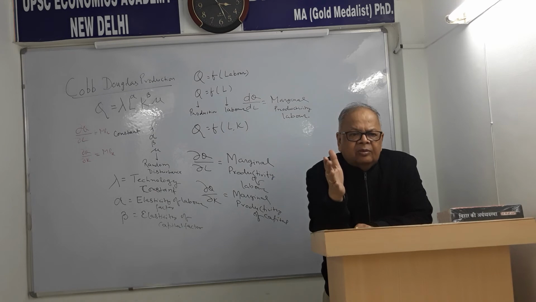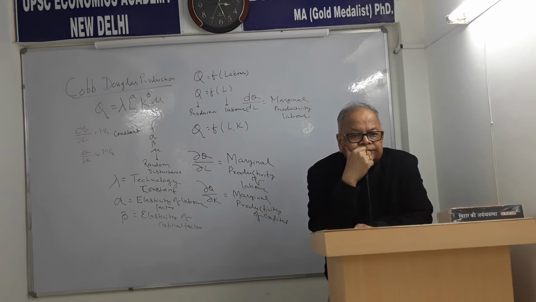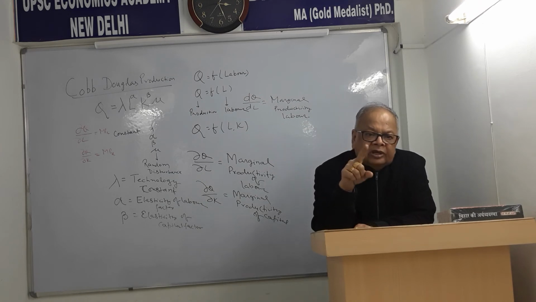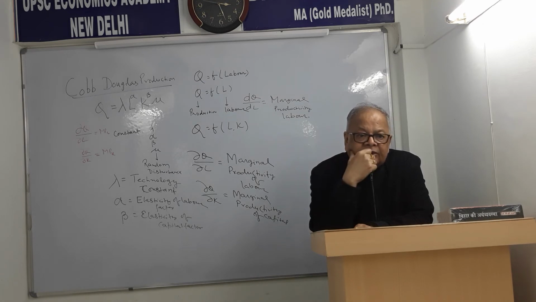The second stage will come when marginal productivity falls, average productivity falls, but total productivity increases by less than proportion. That is diminishing return. If labor is increased by 10%, production will increase by less than 10%, 8%, 6%, whatever it may be.